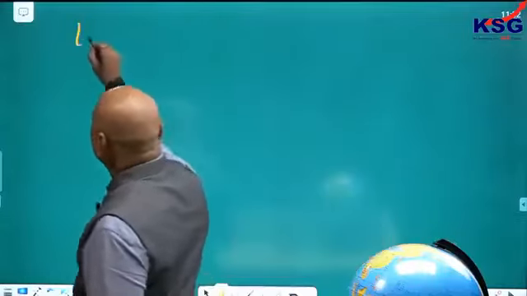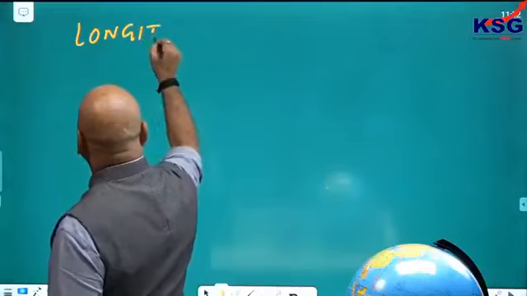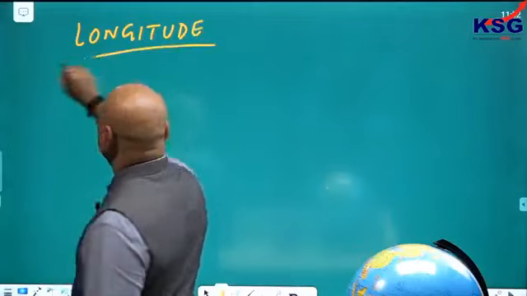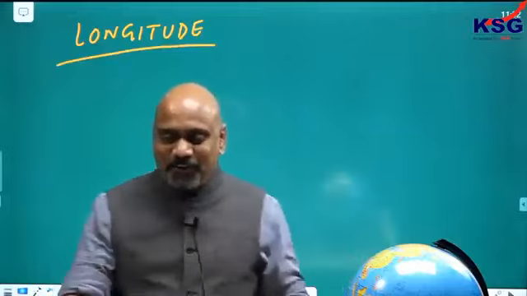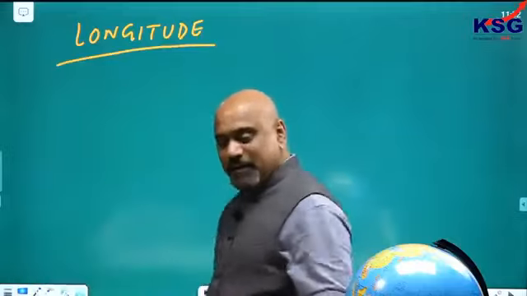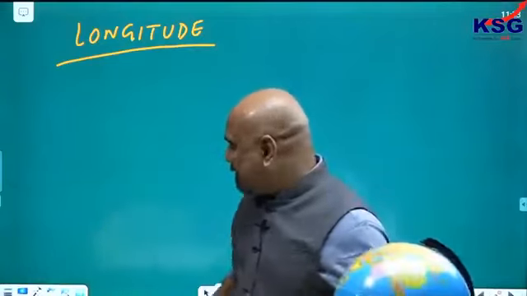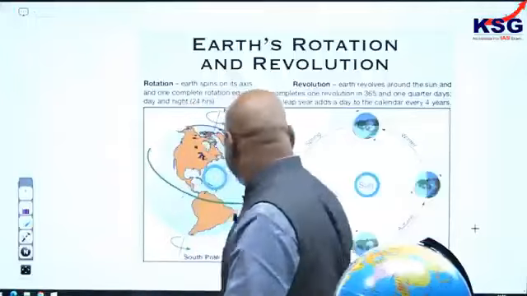Let me now move on to another one, that is longitude. I will not go into the technicalities of this. There are a lot of technicalities and all. You see, these are the lines and arcs joining both the poles. These are the lines joining both the poles, isn't it?